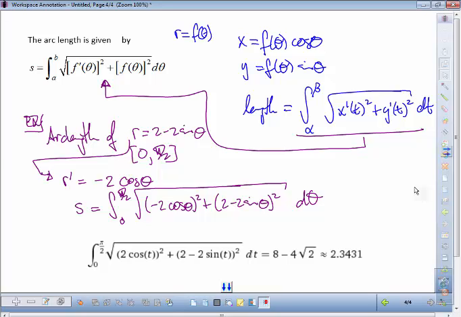So they can ask for one loop of a rose, a 3-leaf rose, or some other function like that. So again, the most difficult part is trying to figure out what your limits of integration are, and if there's symmetry to be used, take advantage of that. So instead of going from a negative angle to some positive angle, you can just go from 0 to the angle and multiply by 2.